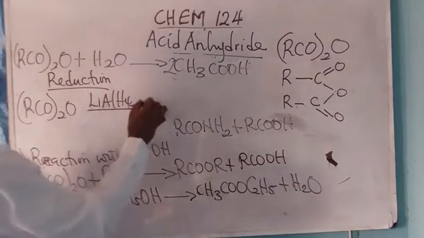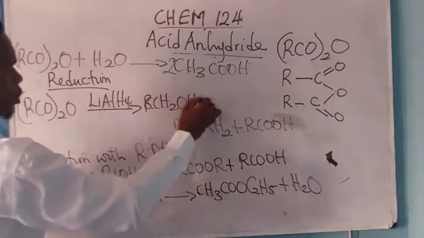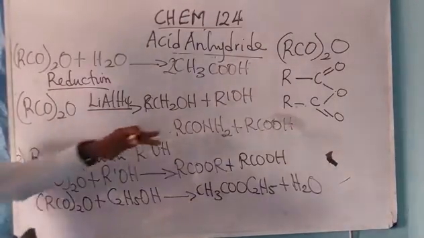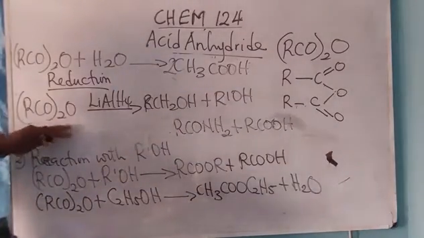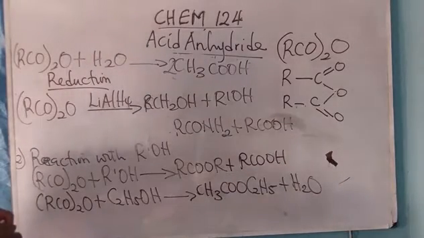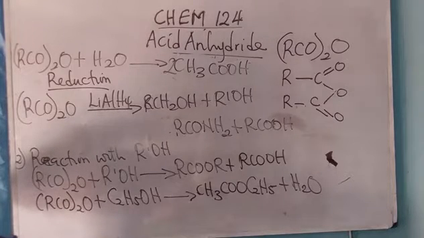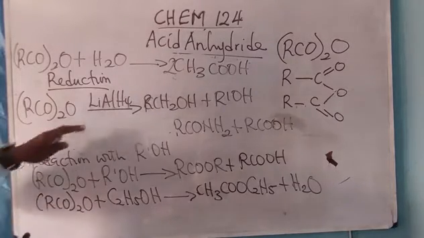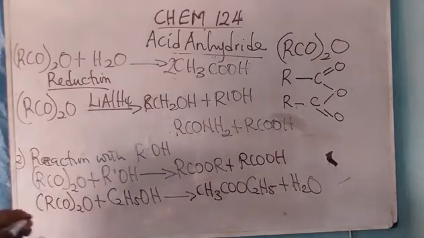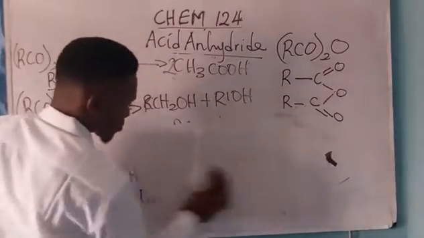So I'm going to be having ROCH2OH plus alcohol. You can see now that alcohol has been produced upon reduction. I think it's balanced now. So this is the reducing agent, lithium tetrahydroaluminate.